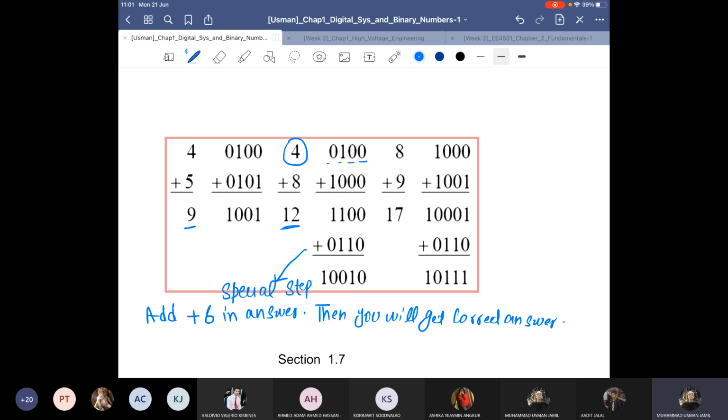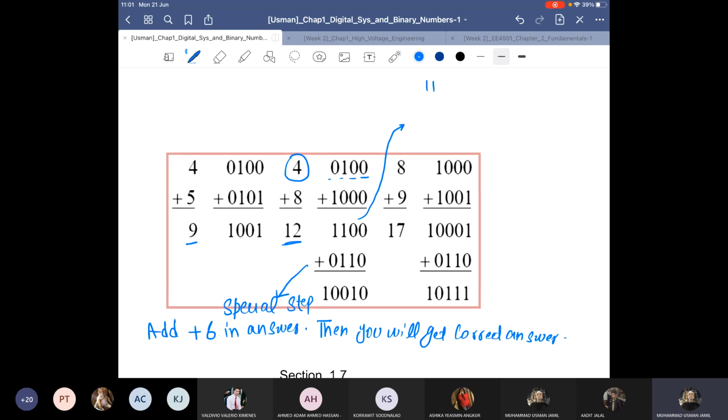So how much is this number now? This number is 1100, which, if we convert to decimal, is equal to 12.